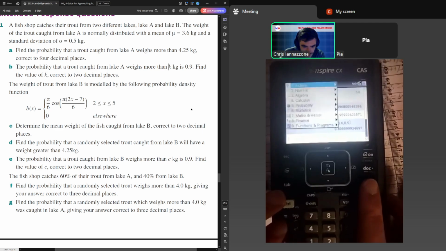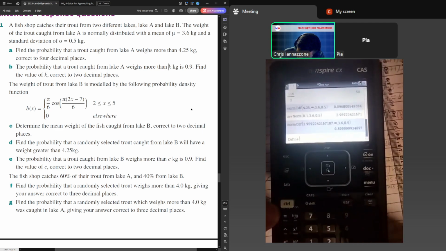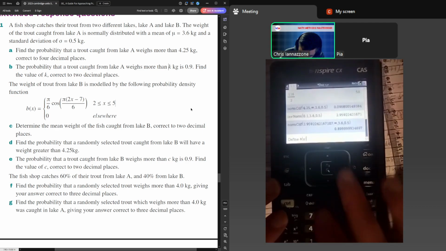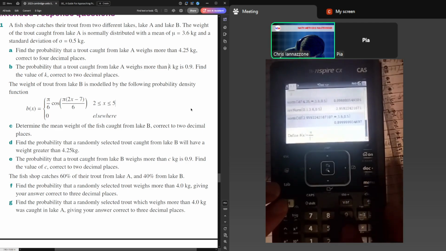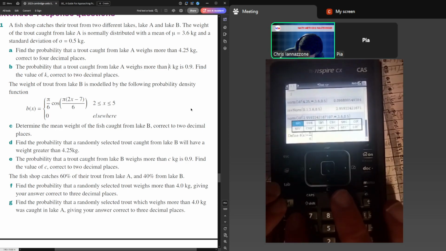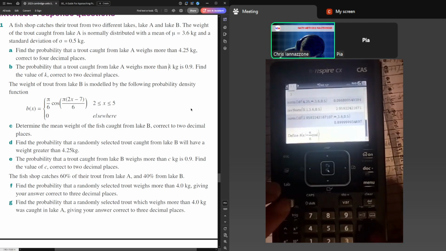So just because I think we might need it, I'll define it as a function. So h of x is going to be pi over 6 cos pi bracket 2x minus 7 over 6.